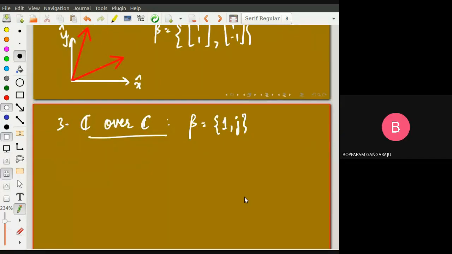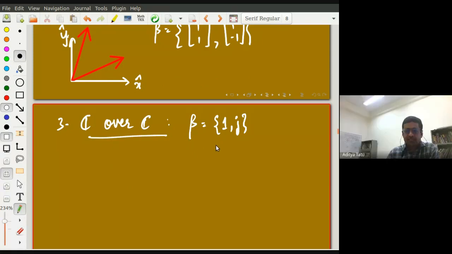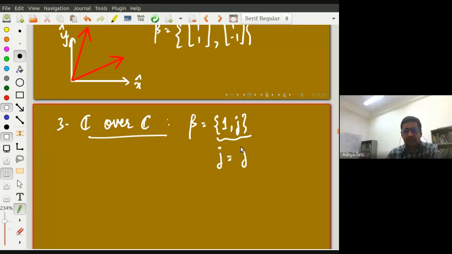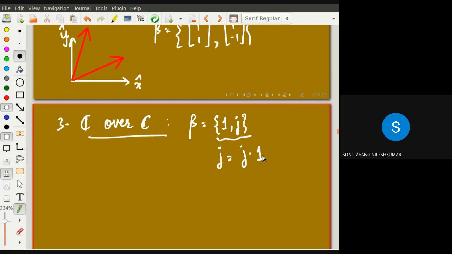Agree. Okay, let's examine this particular basis. If you're saying this is a basis, it should be linearly independent, right? But j can be written as j scalar-multiplied by 1, isn't it? Then it is not a basis.